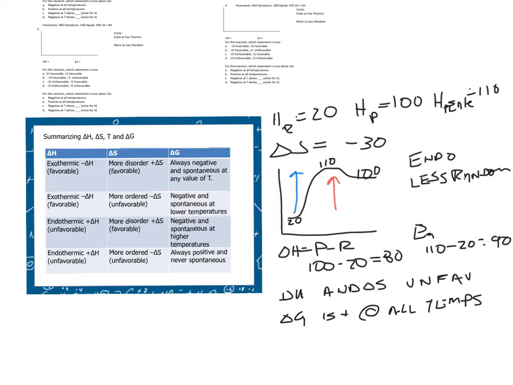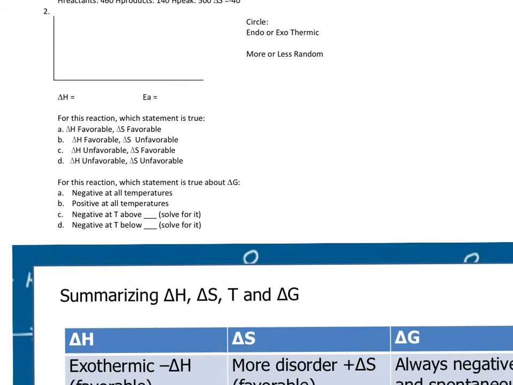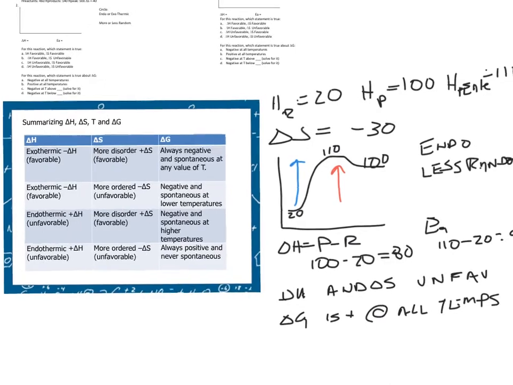Okay. I'm going to do one other example, and I'm going to do this example so that it winds up landing on one of these where you have to actually solve for the temperature, because those can be a bit trickier. You have to do a little bit of math.